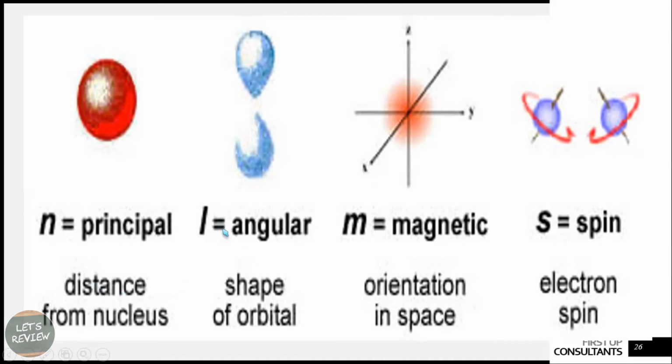For the azimuthal, that's the angular, depending on the shape of the orbital, SPDF. Then for the magnetic, it's the orientation. And for the spin, with only two values, positive 1/2 and negative 1/2, it tells something about the electron spin.